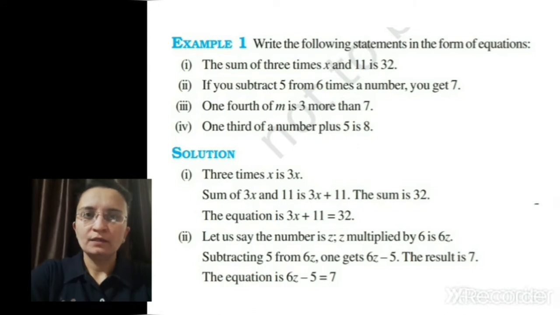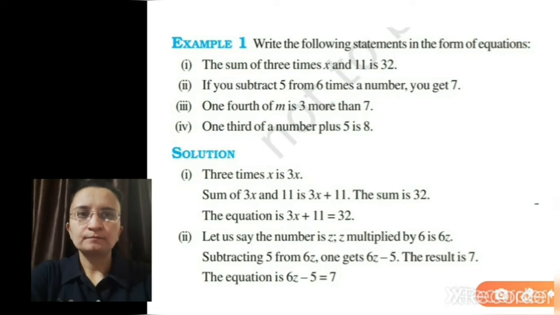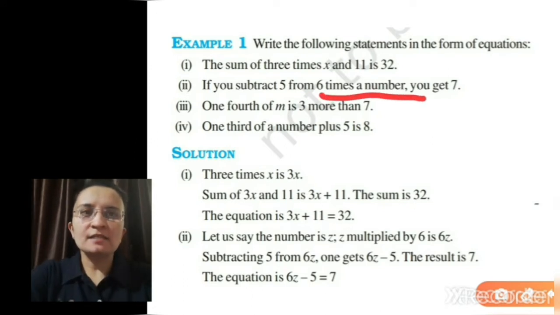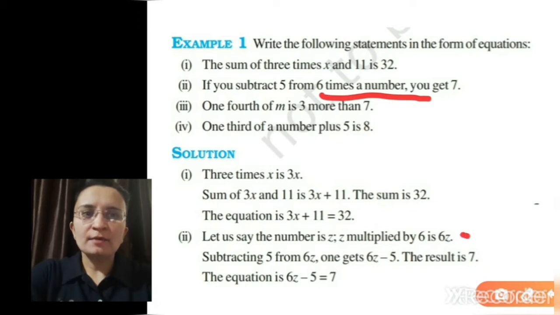Now, second example. If you subtract 5 from 6 times a number, you get 7. Middle part is 6 times a number. We don't know which number. So we are taking variable z. Let us say that the number is z. 6 times a number, that means 6z.